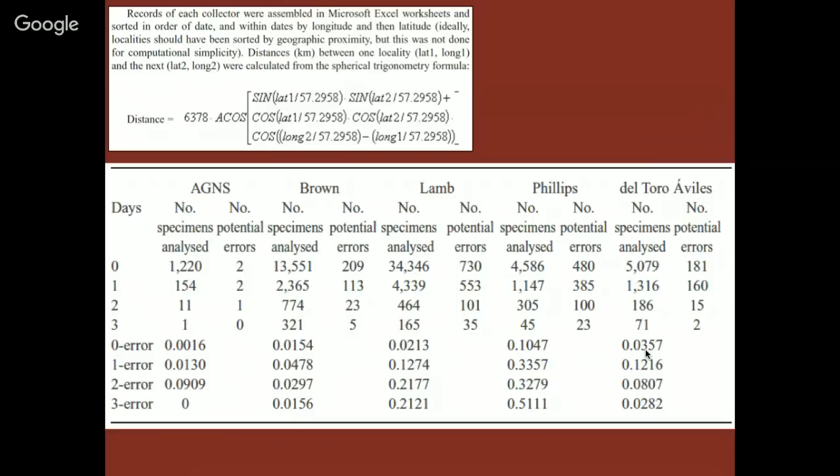But the funny thing is the error rates are much larger when it comes to Alan Phillips. And there are two possible reasons for this. One is that Phillips may have put some of the specimens collected by his team of collectors under his name, and that would be a rather innocuous source of problems.